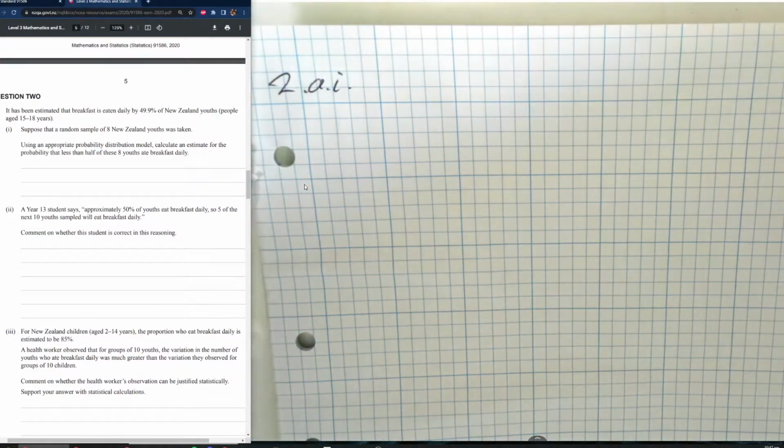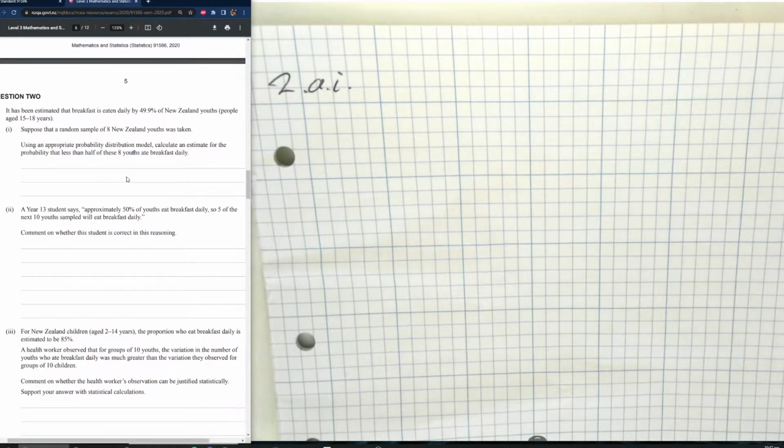Now, first of all, it is discrete. We're looking at 8 people and we want to know how many of the 8. If you're looking at individuals, it's discrete because you can't have half of a human or 0.66321 of a human. So it's discrete, so it has to be Poisson or binomial.